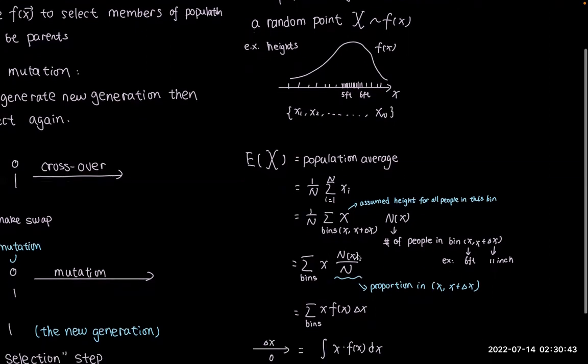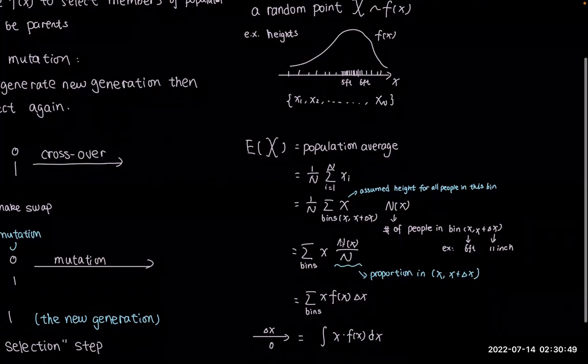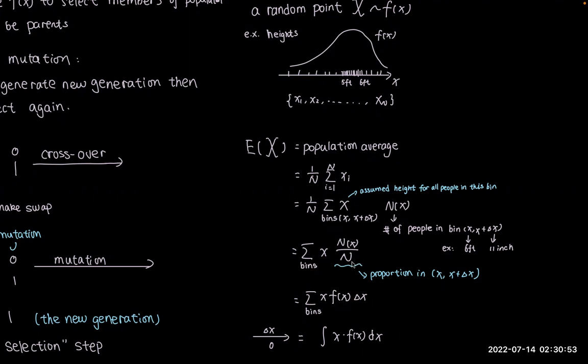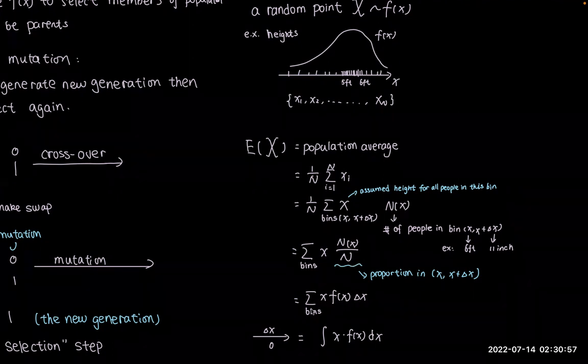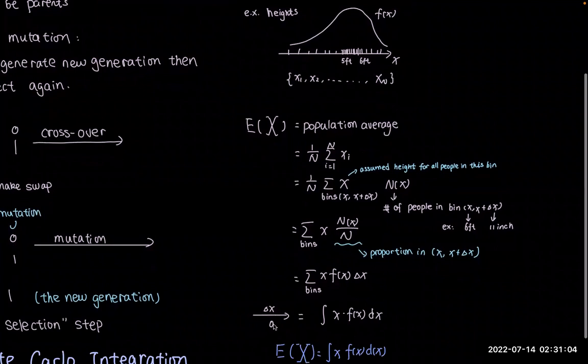Okay, and this, according to the density, is the density times delta x, or in other words, the proportion divided by delta x becomes our density. So therefore, the proportion is f of x times delta x. Okay, so this is the summation over all the bins of x f of x delta x. So as delta x goes to 0, this converges to the integral. So the integral is really just a sum over a large number of bins.